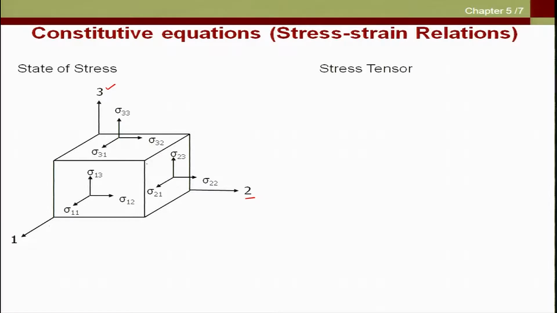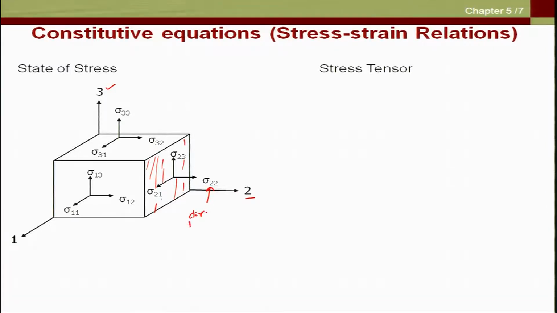All the stresses on this plane can experience 3 types of stresses: sigma 21, sigma 22 and sigma 23. The first index, 2, corresponds to the direction which is normal to this plane.